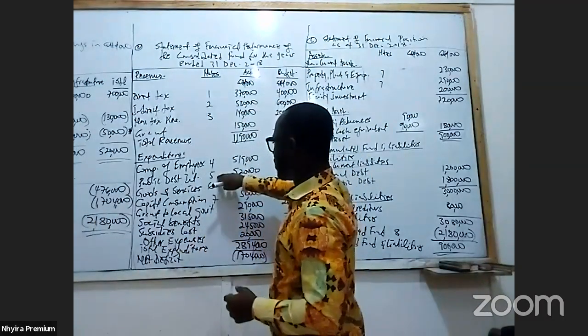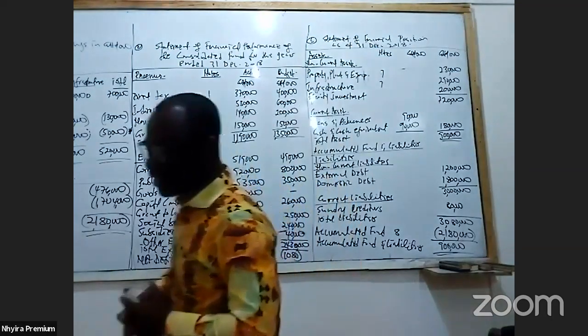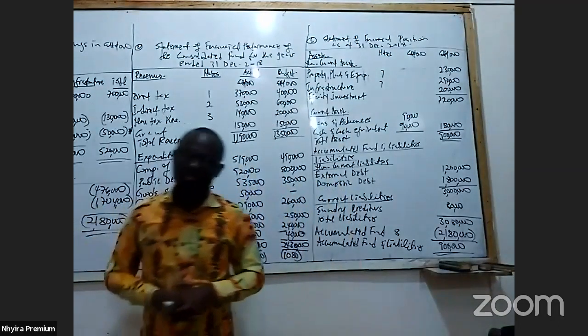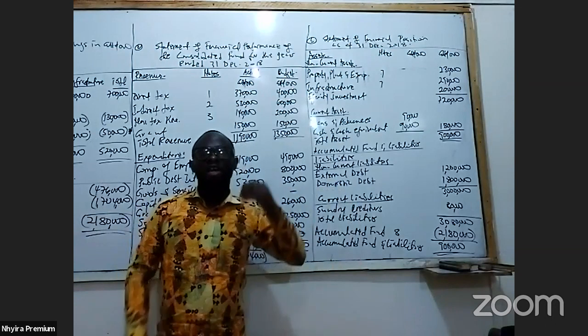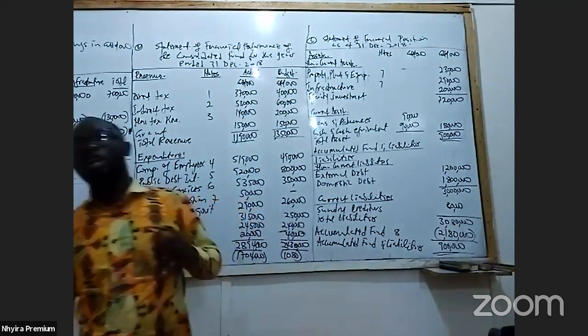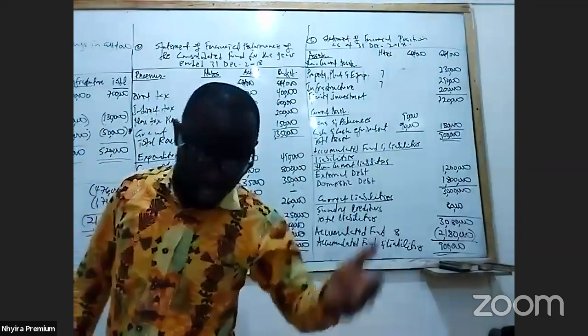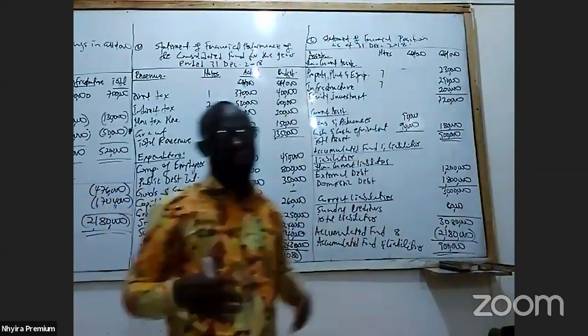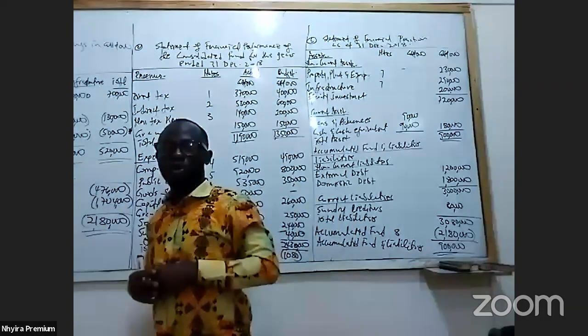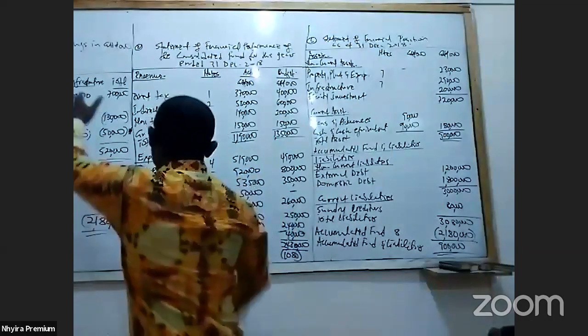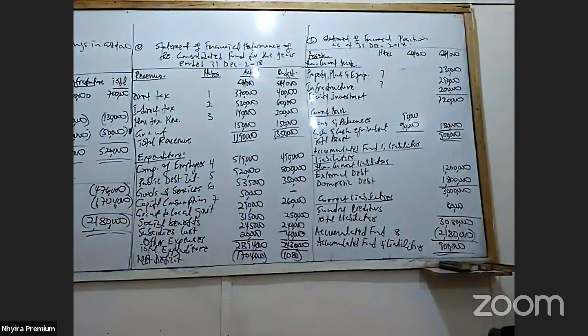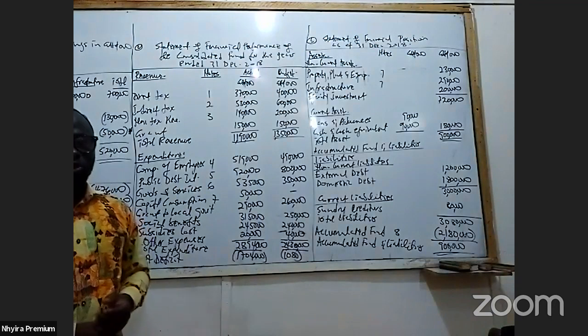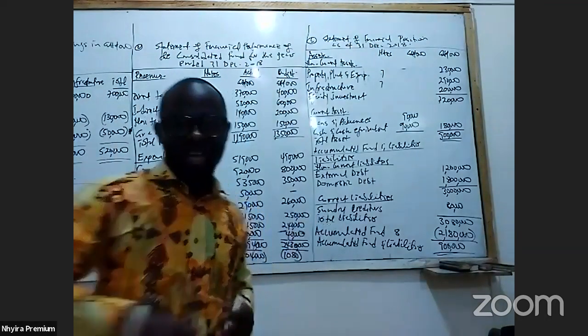We were also preparing the accounts in accordance with the government chart of accounts. So these are some of the things we bring under the notes in addition to the workings we have done. So this is the answer to the question.